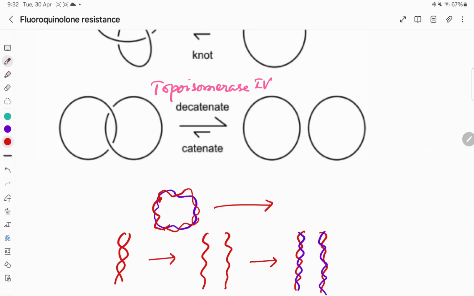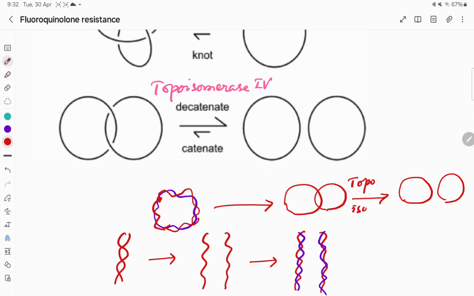formation of two DNA. Initially when they are formed, they are catenated, then they are separated into two separate DNA, and this is catalyzed by topoisomerase 4.